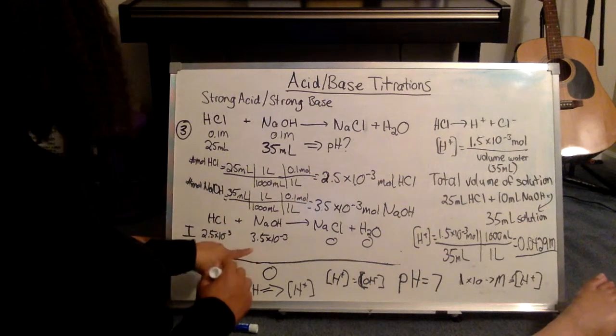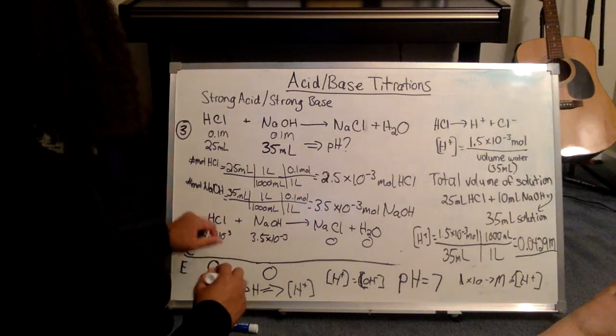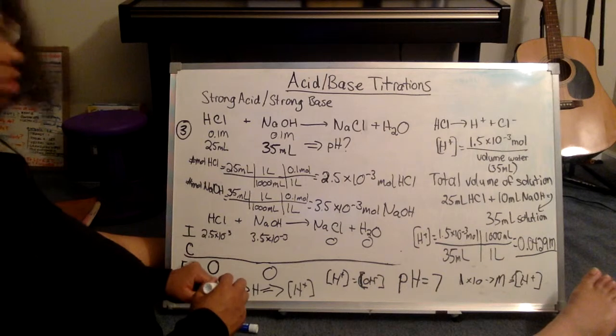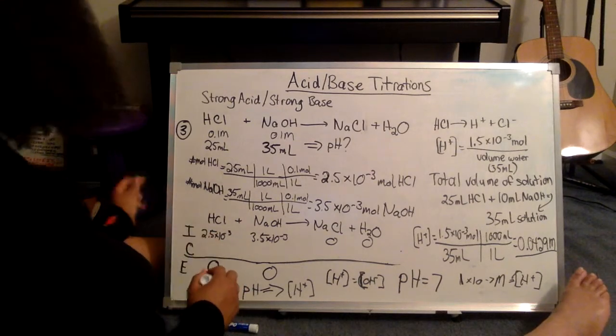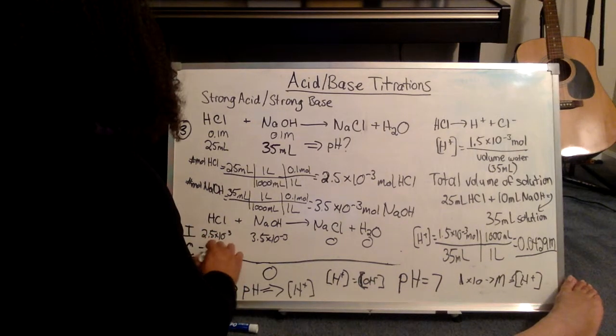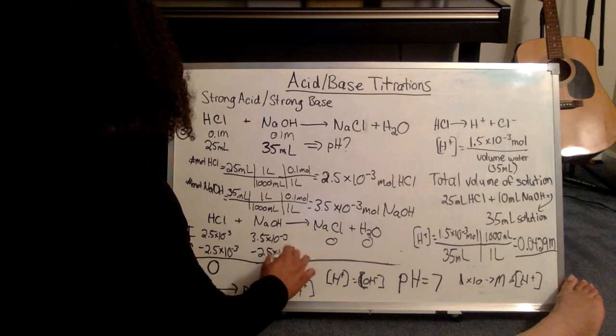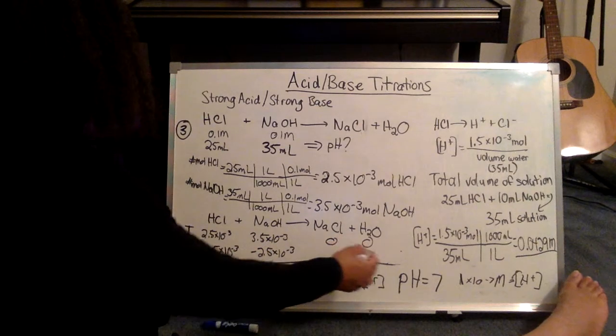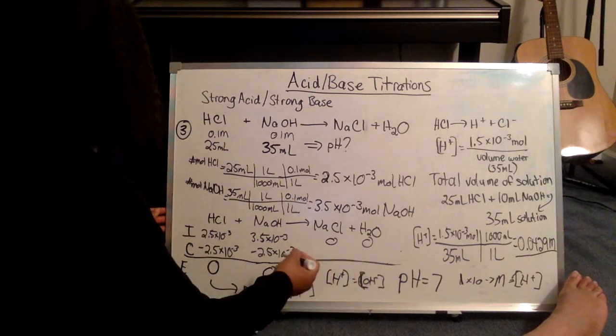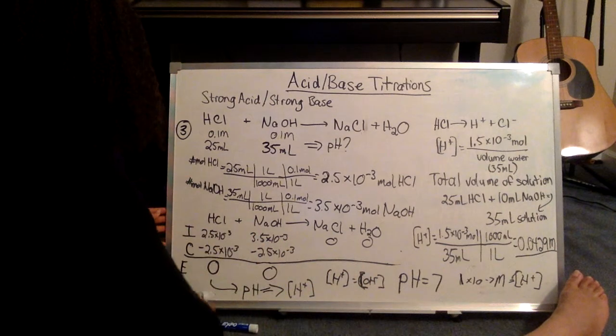Now what's going to happen is all of the HCl is going to be consumed because that is now our limiting reactant. So we subtract 2.5 times 10 to the minus 3. We would add 2.5 times 10 to the minus 3, but we don't care about that right now because we're looking for pH.